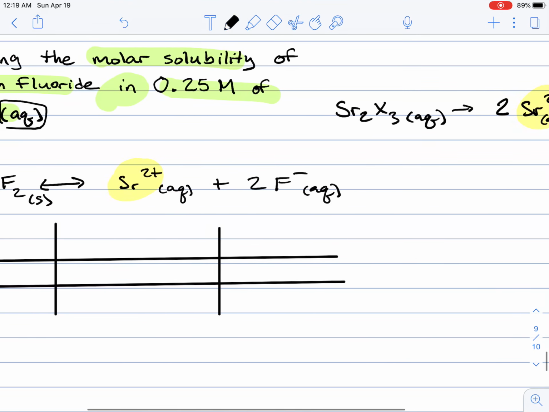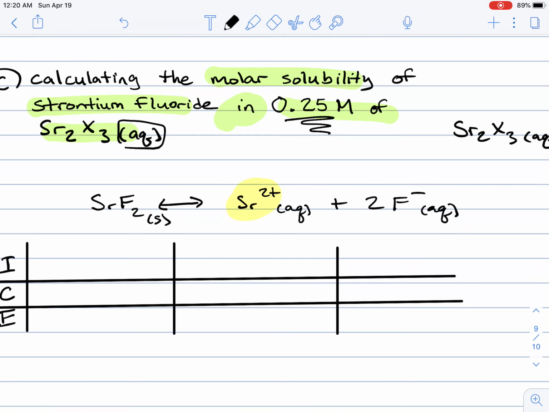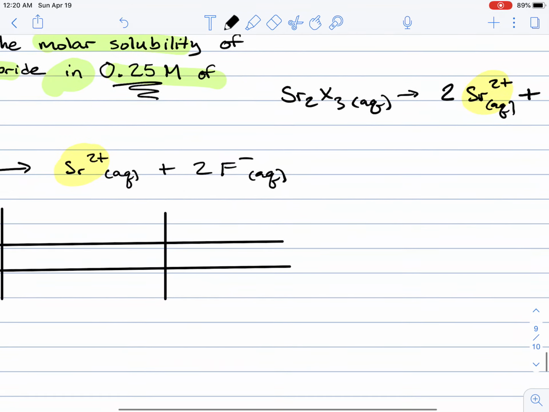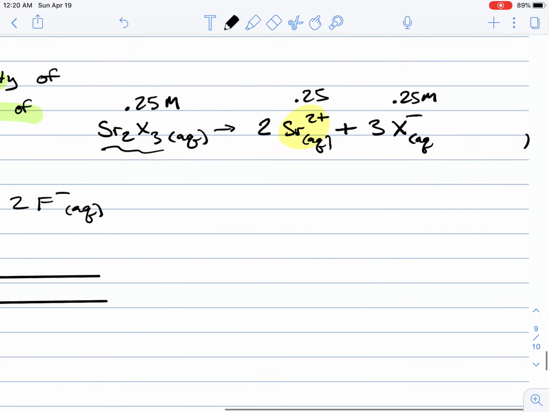If the solution has 0.25 molar concentration of Sr2X3, when this salt dissolves, it's going to produce 0.25 molar concentration of Sr and 0.25 molar concentration of Sr. Now, this is where things change a little bit.